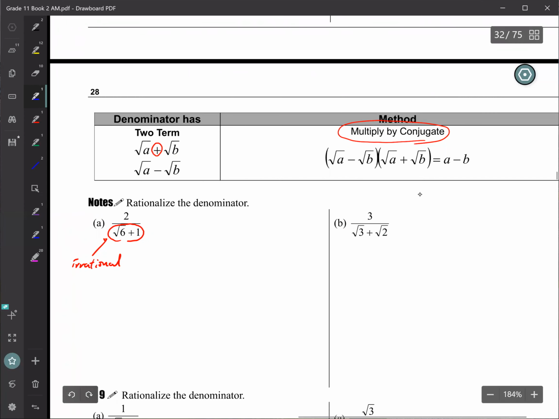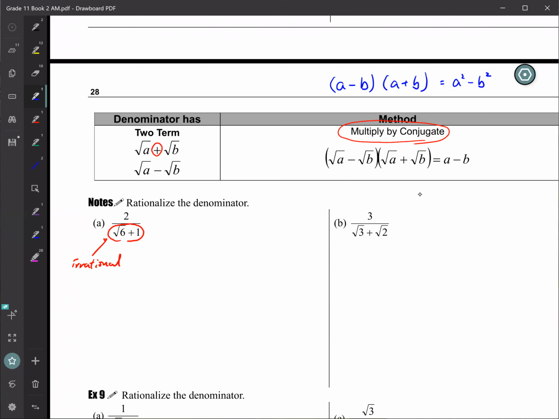I'll put the formula on the top: A minus B, A plus B is A squared minus B squared. The only difference is now we have square root in the brackets. So instead of A, I put square root A, instead of B, I put square root of B.